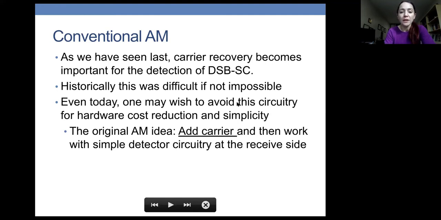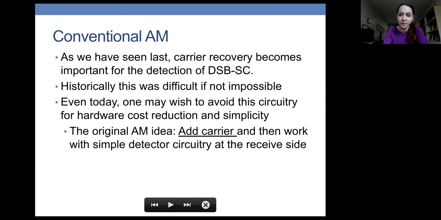Even now, there are certain situations where you may want to go for an unsynchronized scheme, a simple scheme. And this idea might be helpful when you're not really after a lot of power efficiency. And you'll see what I mean in a few minutes.